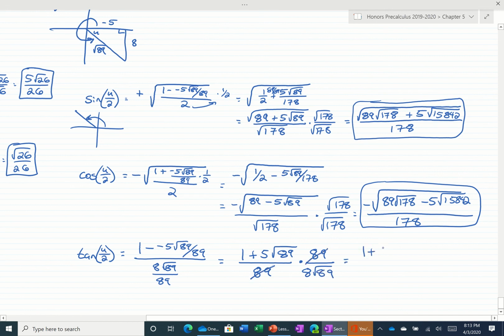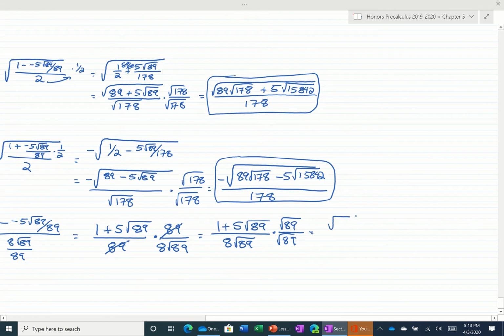We get 1 plus 5 root 89 divided by 8 root 89. If we multiply by square root of 89, that would get rid of our radicals in the denominator. And this would give us the answer, the square root of 89 plus 5 times 89 all over 8 times 89. Or a final answer of 445 plus the square root of 89 all over 712.